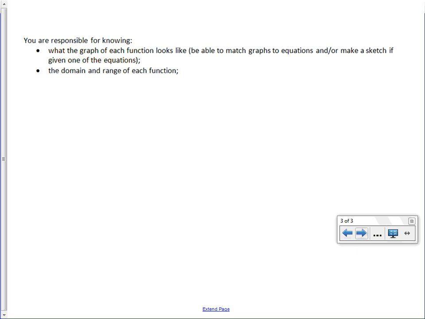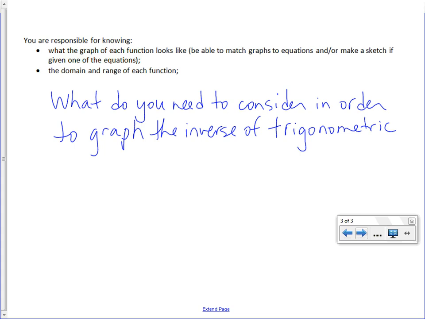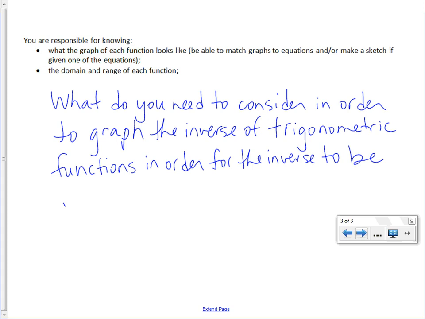It's basically: what do you need to consider in order to graph the inverse of trigonometric functions in order for the inverse to be a function? I worded it completely differently in period 1, but anyway.